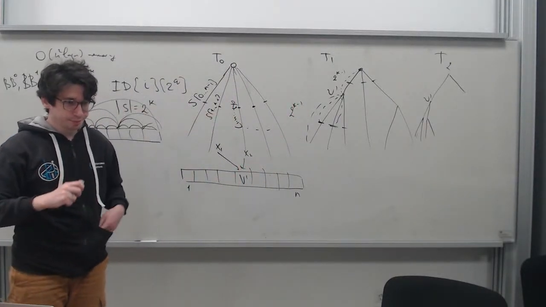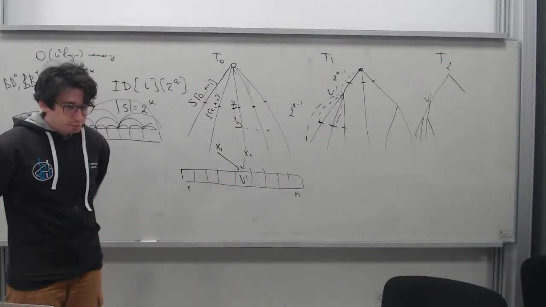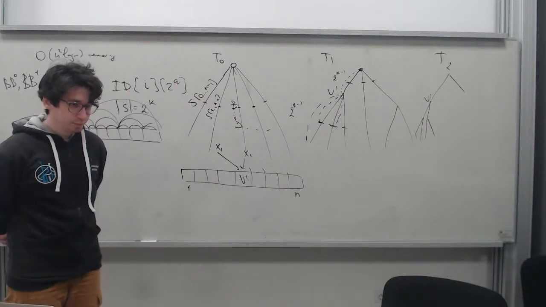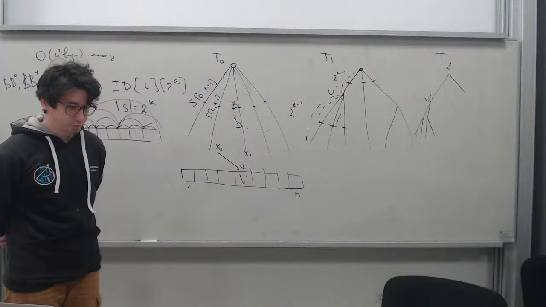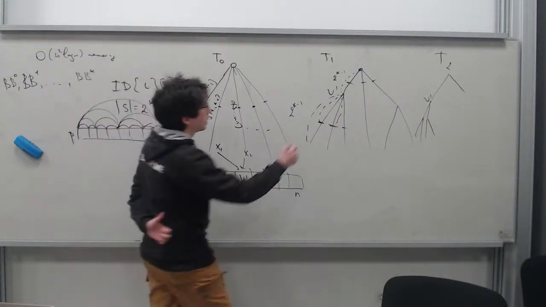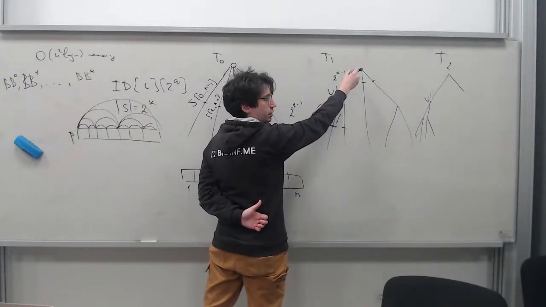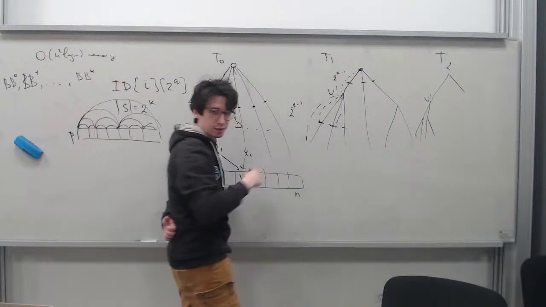So in the root we have child 0, and in the leaves we have the ends of these suffixes. These are still the starts of the suffixes. This is the prefix of the suffix.